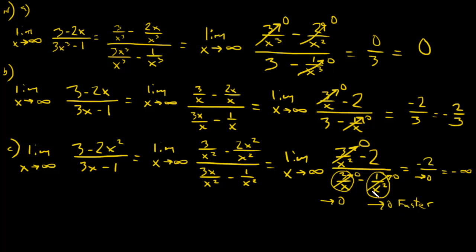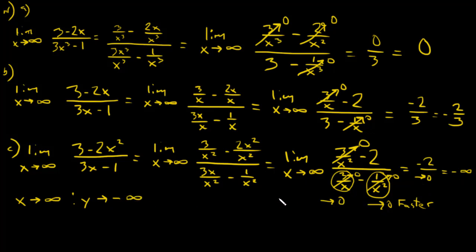This one's going to 0 faster, so it's a smaller value. So if this one dominates the sign, when I'm looking at as x goes to positive infinity, my y value goes to negative infinity. So to write that out, as x goes to positive infinity, y goes to negative infinity. Okay, that's what we found right here.